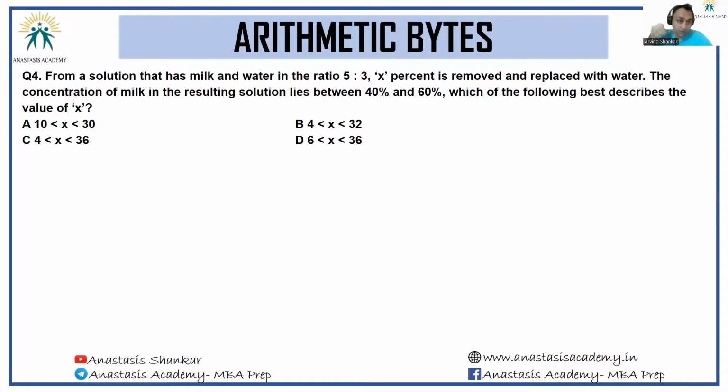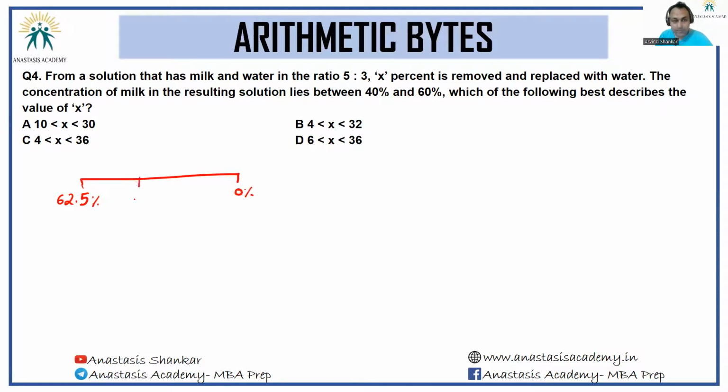Next one. From a solution that has milk and water in the ratio of 5:3, X% is removed and replaced with water. The concentration of milk in the resulting solution lies between 40% and 60%. Which of the following describes the value of X? Okay, so two extremes I have to check. Previously, I had 62.5% milk, to which I am adding 0% milk.